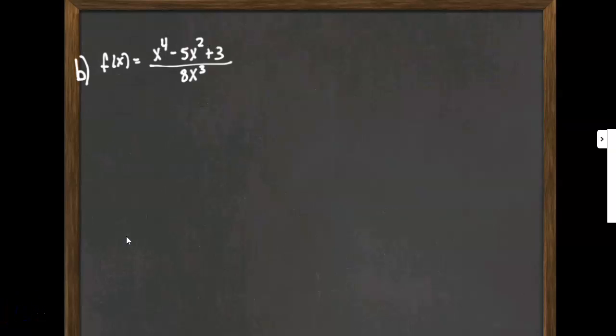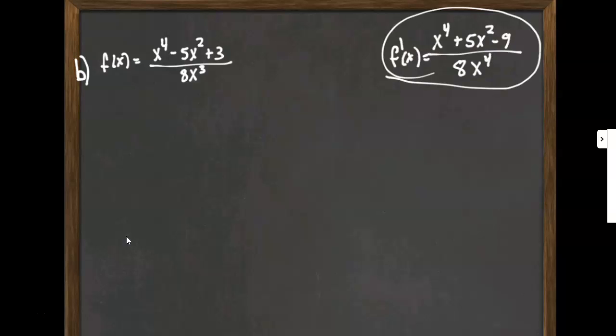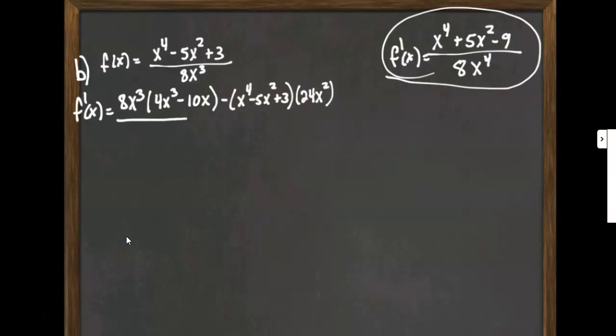Here we are now back to our problem where we're going to do this with the quotient rule. But again, just for quick reference, there is the derivative from that other page when we did it without the quotient rule. So here we're going to begin by using our quotient rule, and again, write out all of the detail here. This time I've left out the step where I say times the derivative, and I've actually gone ahead and taken the derivative.